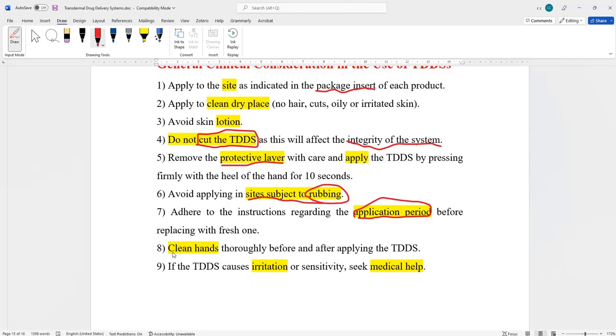You need to clean your hands thoroughly before and after applying the transdermal drug delivery system, because the system can contaminate your hand. Sometimes you already have drug in the adhesive, so it can come to your hand. And also you don't want anything from your hand to go to the system.